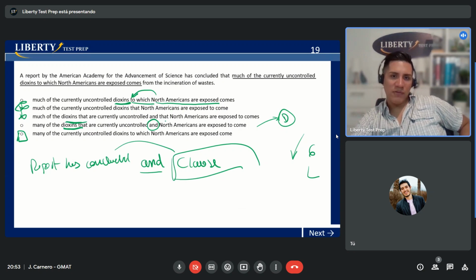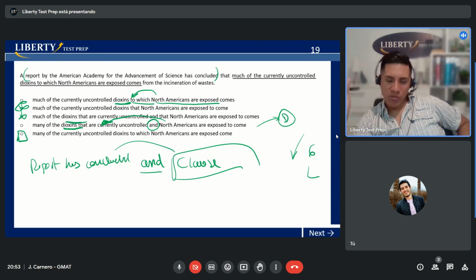So it's got to have logic with the dioxins, not with the report that has concluded. Otherwise, it wouldn't make sense, right?